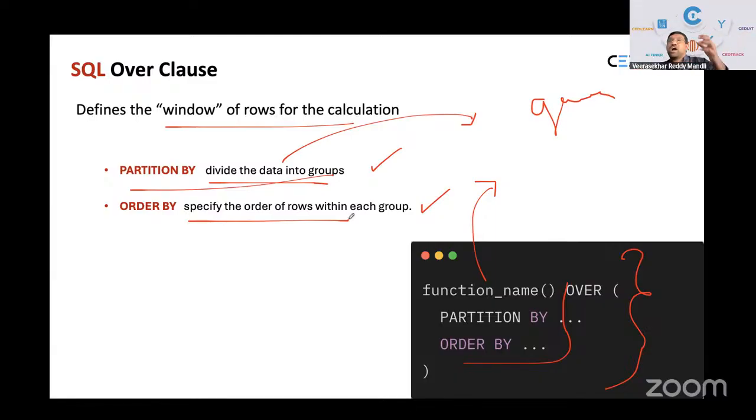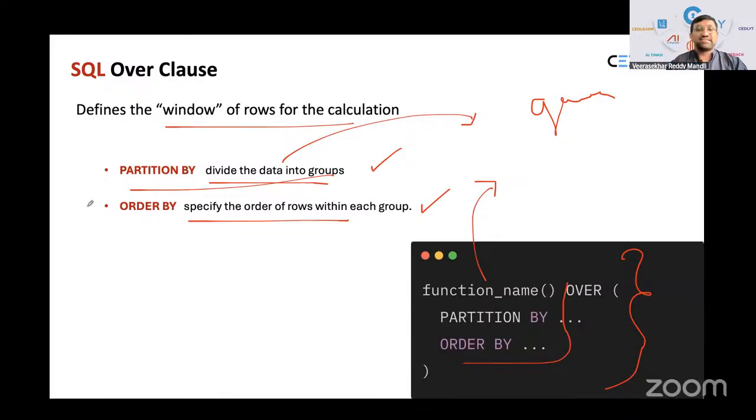Within that set, how you want it sorted. Whatever group you take, it performs the calculation in that group, and the calculated value is shown on each row for that group.